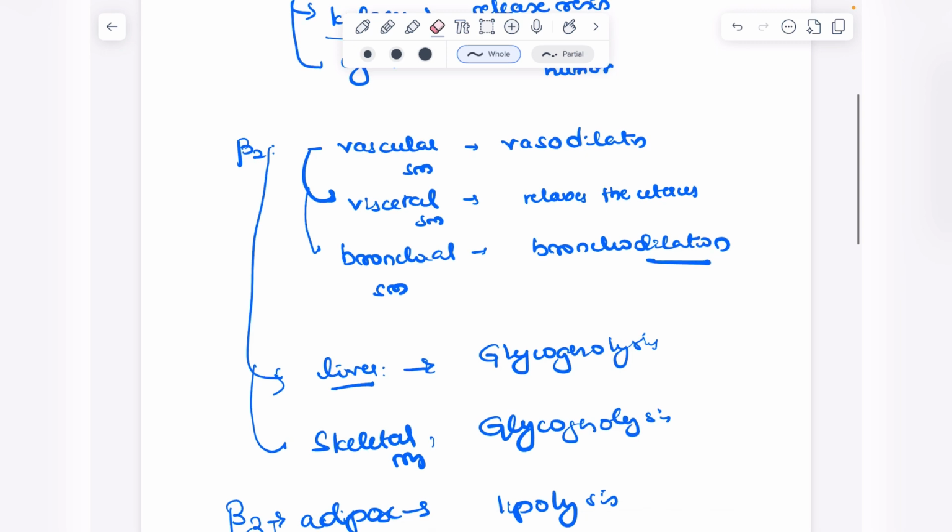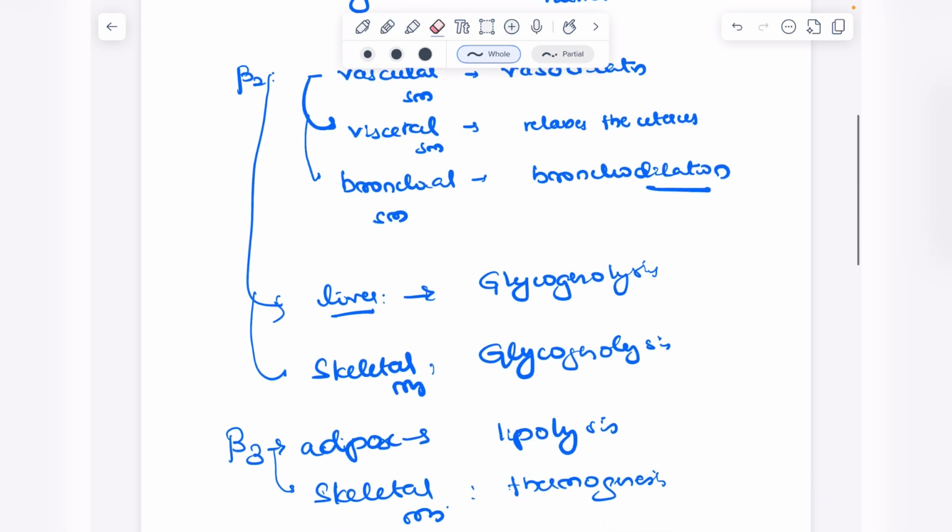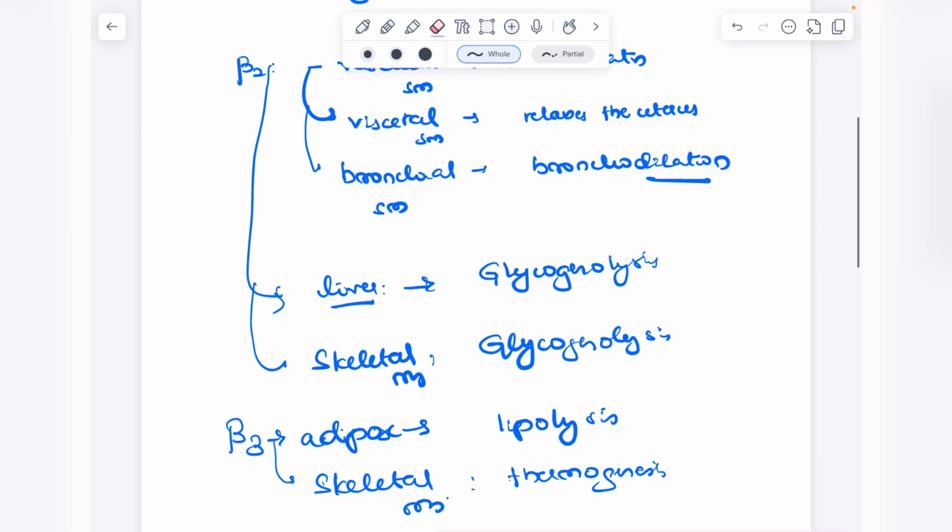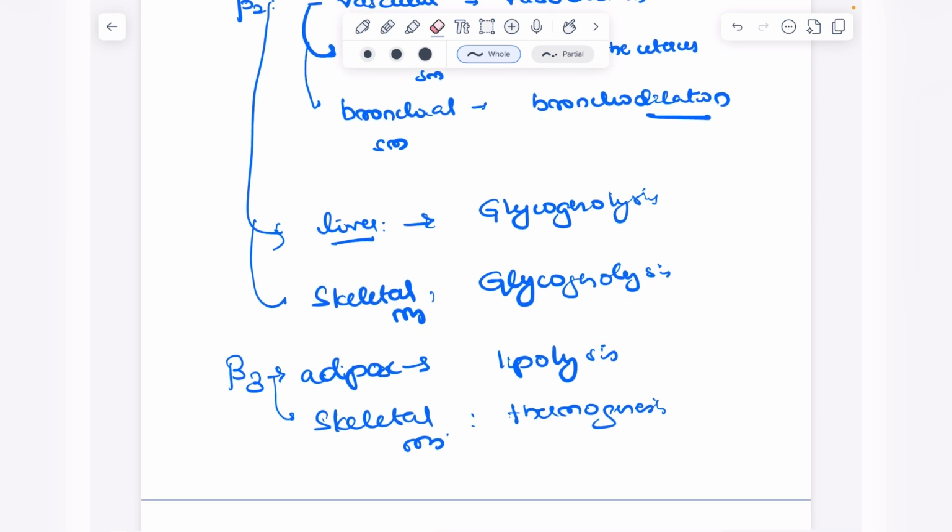Beta 2 receptors present on the liver, on stimulation, will cause glycogenolysis, that is breakdown of glycogen to form glucose. In skeletal muscle, it again causes glycogenolysis, as glycogen is also stored in the skeletal muscles. Then beta 3 receptor stimulation, present in adipose tissue, will cause lipolysis.